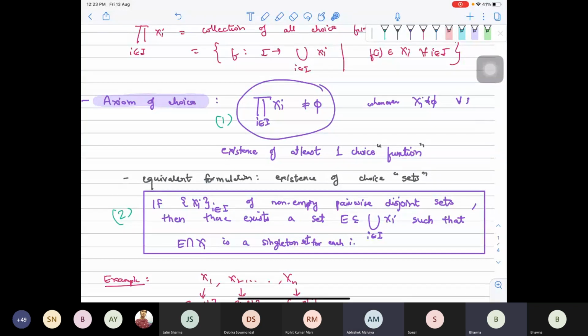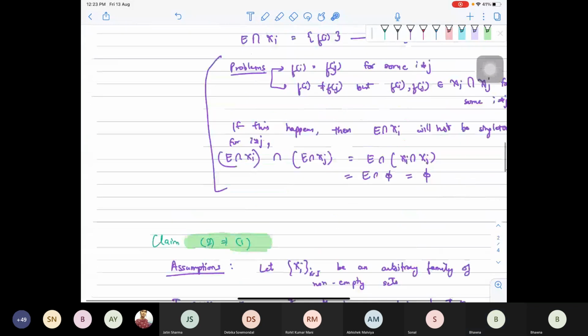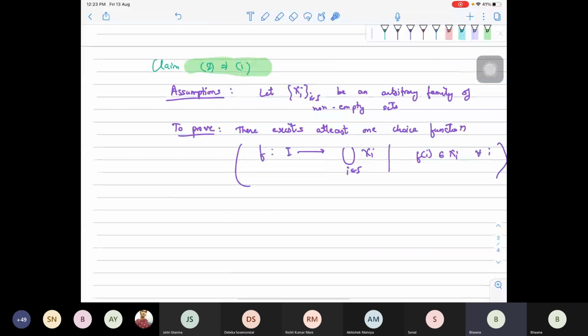That is what I'm writing as an assumption, and as a to-prove statement, I am trying to say that there exists at least one choice function. That means f from I to the union of Xi such that f(i) is in capital Xi for all i.